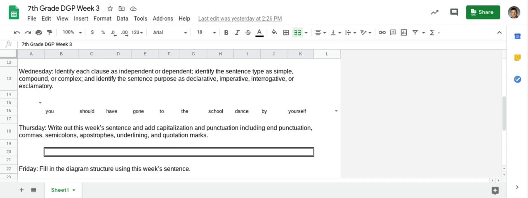Okay, so having said that, where do you guys think our first bracket would go? Above you? Okay, so you're saying before you is the start of one of our clauses? I like that. Good start. Where do you think our second bracket would go then?